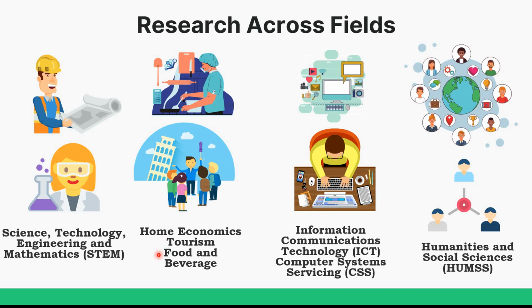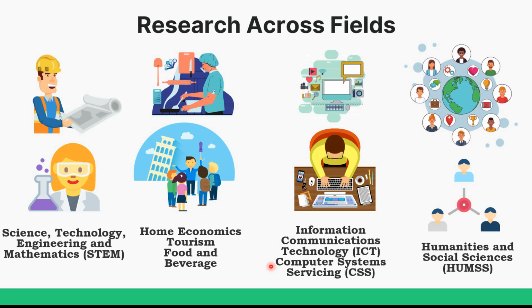However, in home economics, food and beverage, researchers may study food preservation, food management, and food innovation. Researches in Information Communications Technology, or ICT, focus on software, while computer systems servicing centers on hardware.